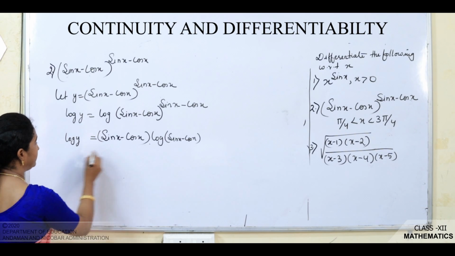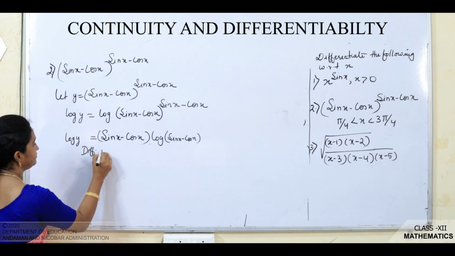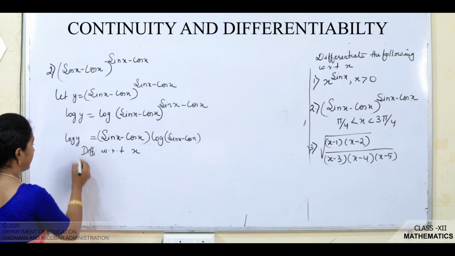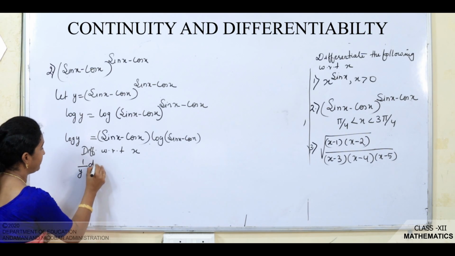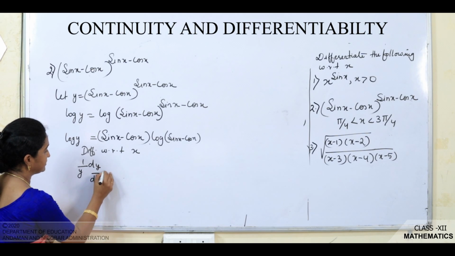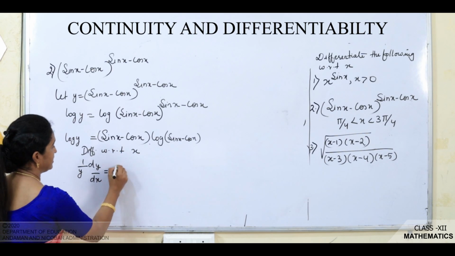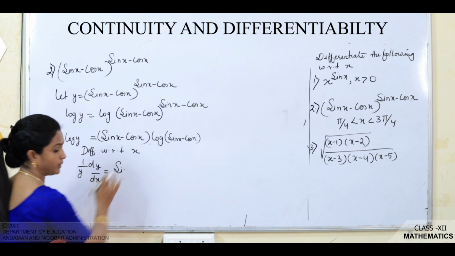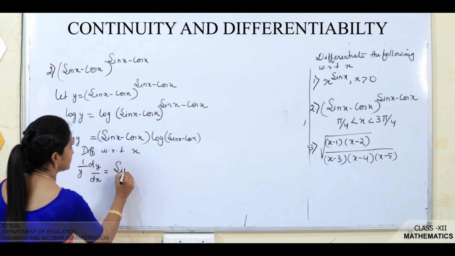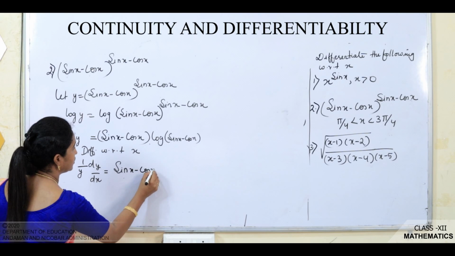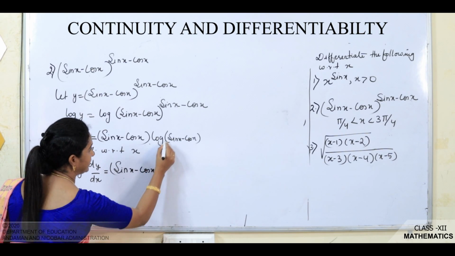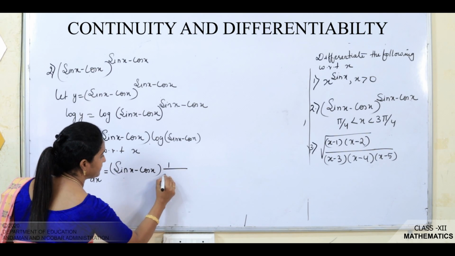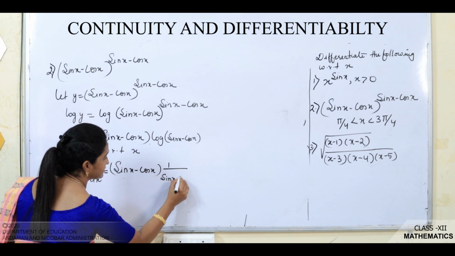Again differentiating with respect to x. So when you differentiate, log y gives 1 by y dy by dx is equal to, here again you have to apply the product rule. So sin x minus cos x first function, then derivative of second, I am writing directly, 1 by sin x minus cos x.